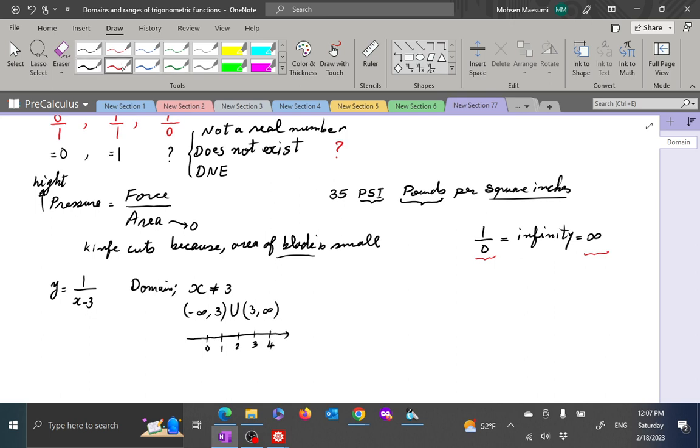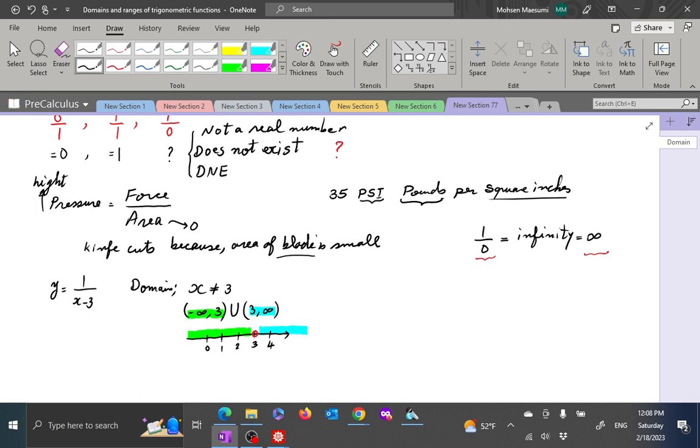We say clip off 3, so we draw an empty circle there to say that that is excluded. So you can be to the left of this, that is this set of numbers, or you can be to the right of it, those set of numbers. Those are the numbers that are okay.